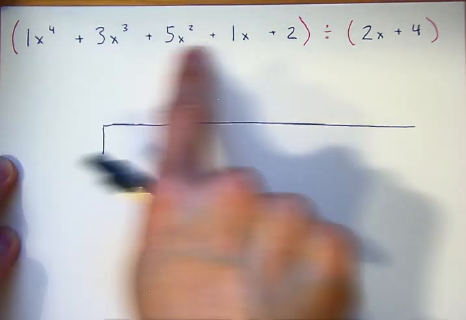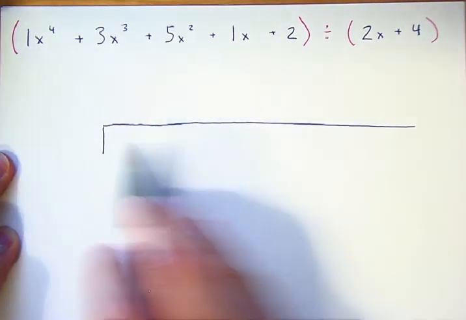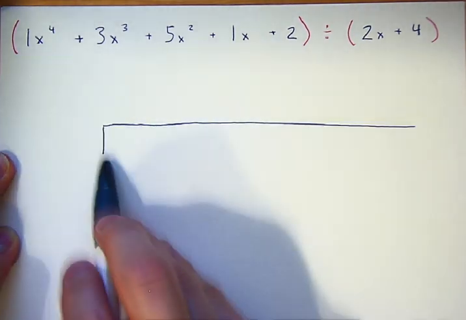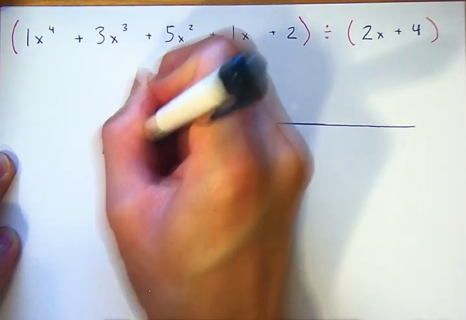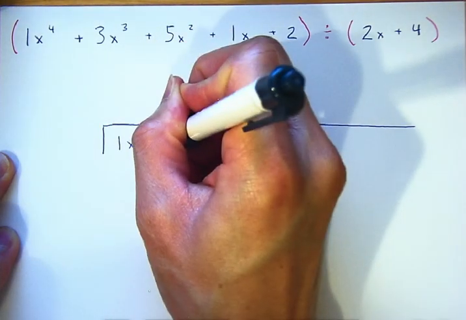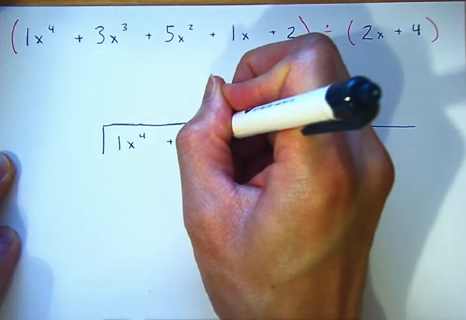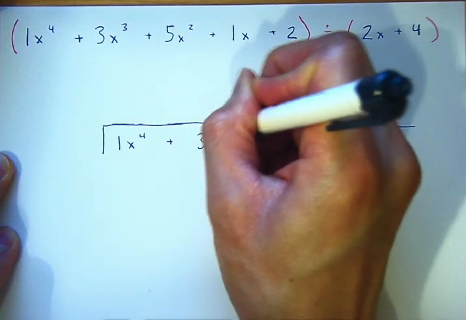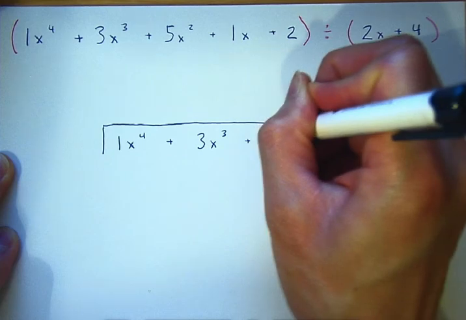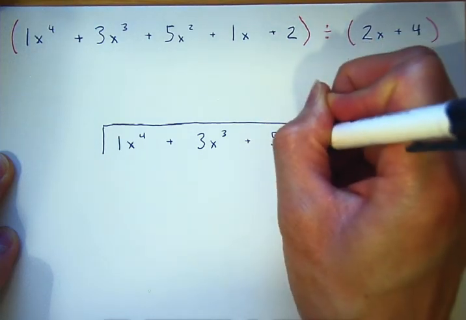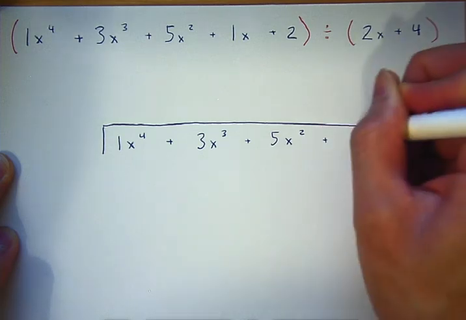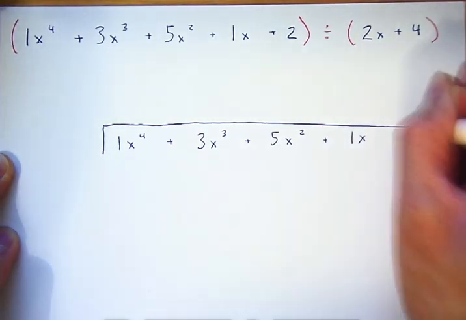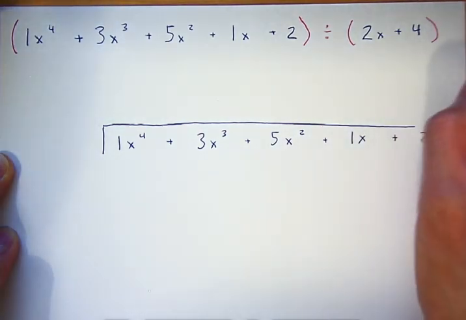This one goes on the inside of our long division sign. So you have 1x to the 4th plus 3x to the 3rd plus 5x squared plus 1x plus 2.